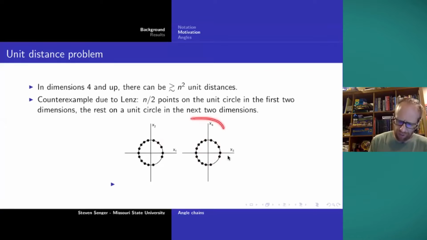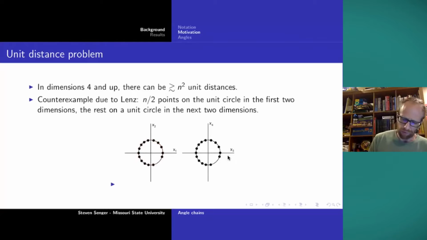Now, this is going to be a crucial example to what comes ahead. I know the title of the talk is something about angles. We haven't seen angles yet, but this is a big motivating example. And just a word to some of the previous talks from today. If we look at the Falconer distance problem, we can think of this as a low dimensional phenomenon, which would then be ruled out in a Falconer type problem.